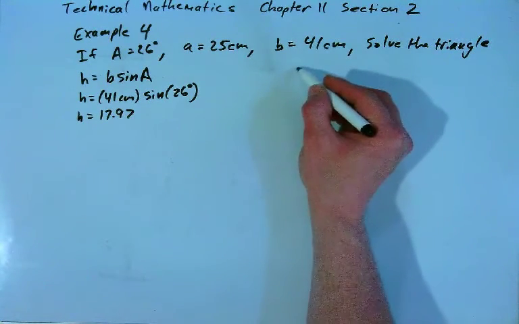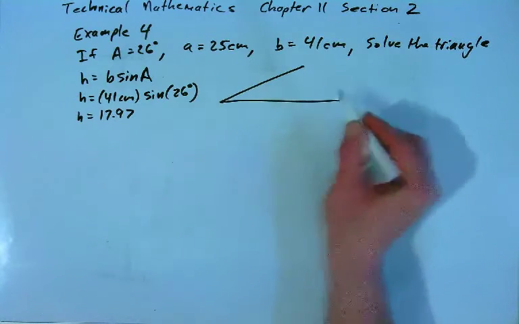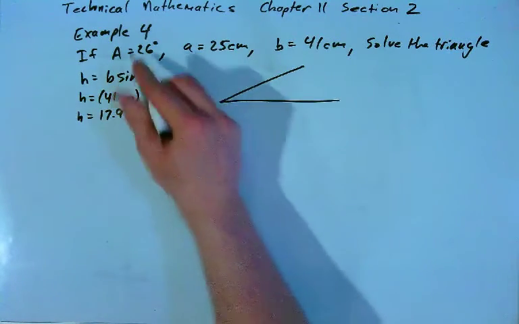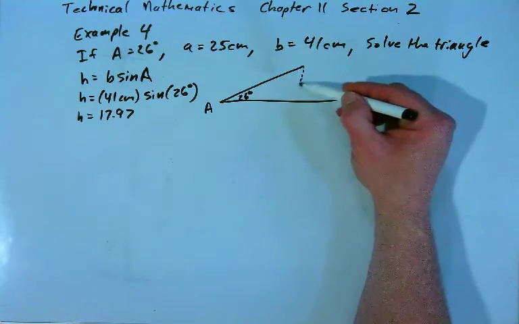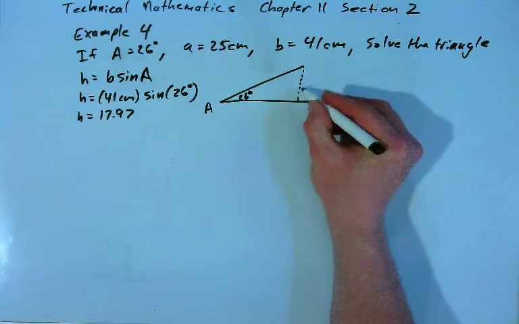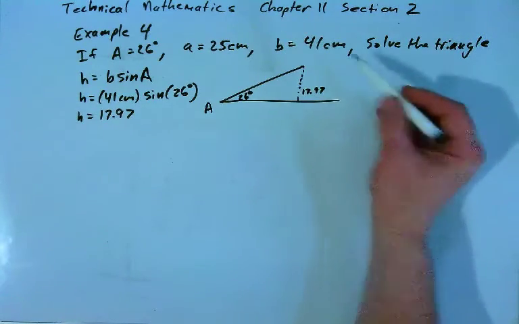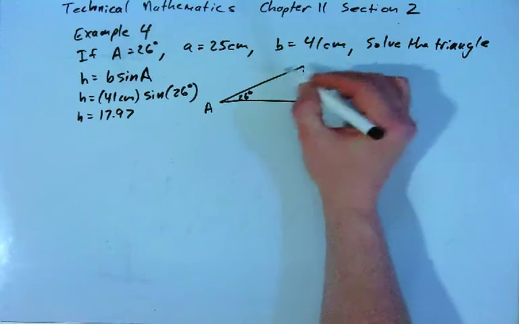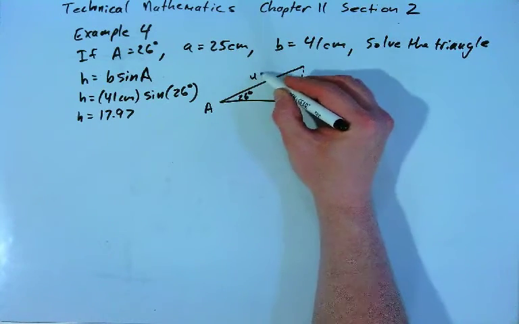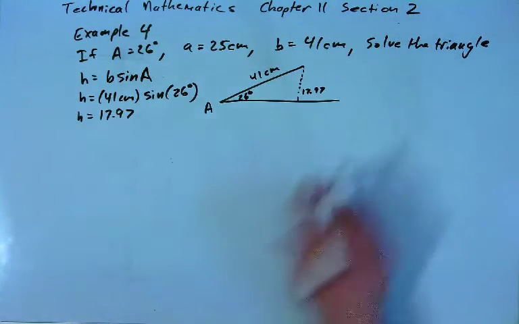And so if we sketch out the triangle, or at least as much of the triangle as we know about so far, we will see that angle A is 26 degrees, so it's a fairly small angle. The height of the triangle is 17.97, and they tell us that side B, which is this side, is 41 centimeters, and that side A is 25.